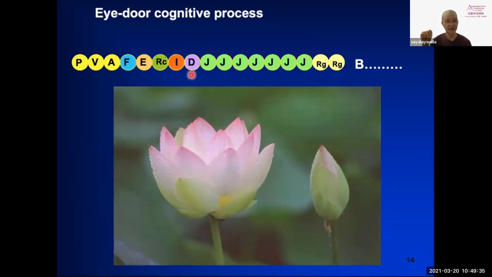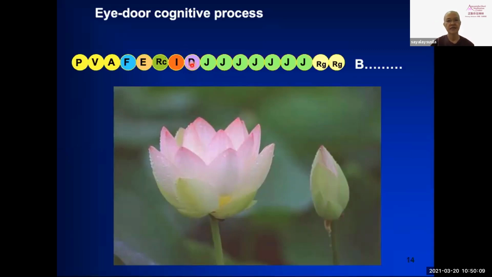In the mind door cognitive process, it is called mind door averting consciousness. But in the five sense door cognitive process, that mind door averting consciousness becomes determining consciousness. I explained previously already. Now I explain again.